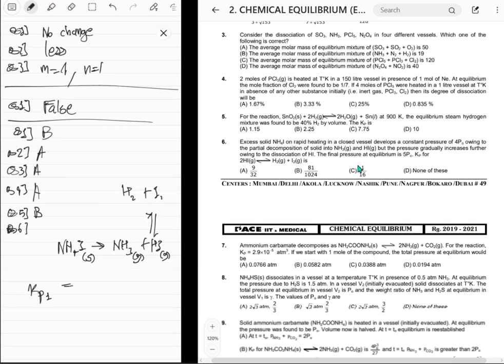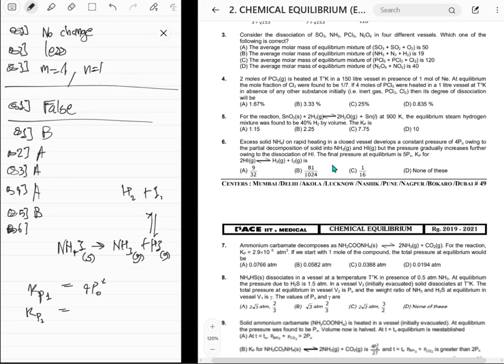So Kp1 is 2 P naught squared, it's like 4 P naught squared. What about Kp2? Kp for this dissociation. But the pressure gradually increases further owing to the dissociation of HI. So now it becomes 5 P naught. Initially it was 4 P naught, now it's 5 P naught, so more moles will be created.